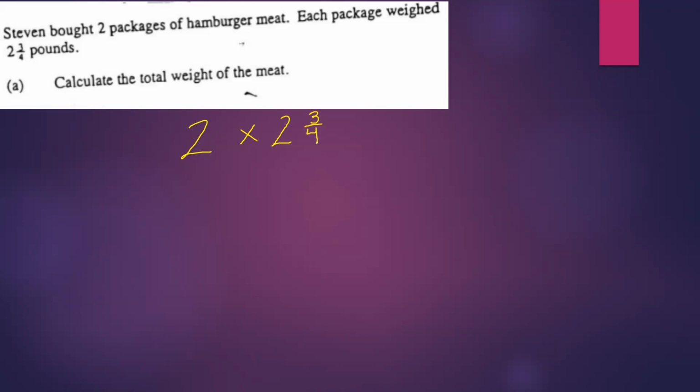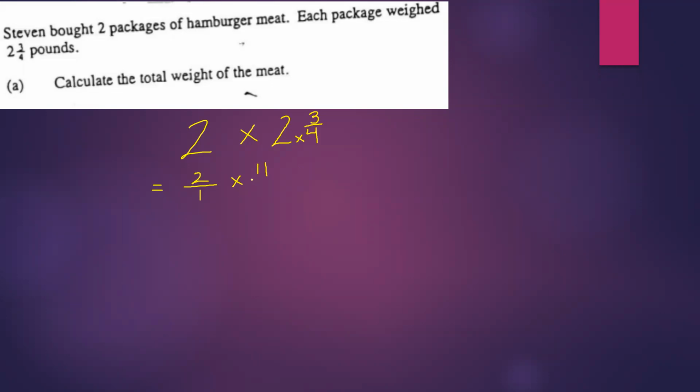All right, for this one, we have to change 2 into a fraction. How are we gonna do that? It's gonna be 2 over 1 multiplied by 2 and 3/4. 2 times 4 is 8. 8 plus 3 is 11.